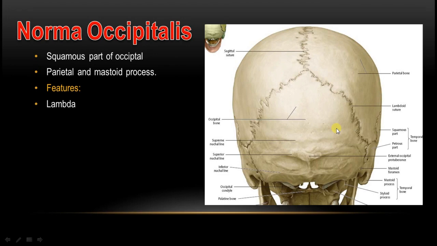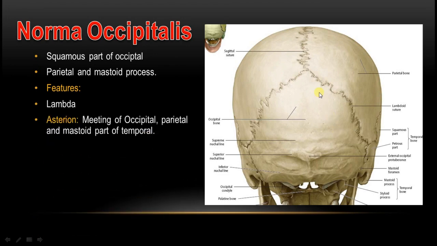Then what are the other features? As I told you, the lambda, and the asterion. Here is the meeting point of three bones: the occipital, the parietal, and the mastoid part of the temporal bone. The union of the three bones is called the asterion, and in the fetal or neonatal skull, that is the position of the posterolateral fontanelles.